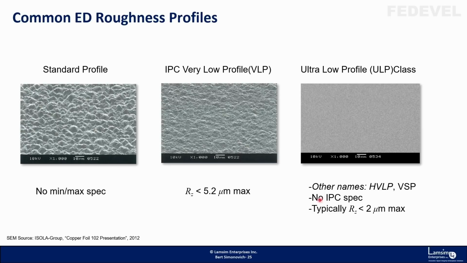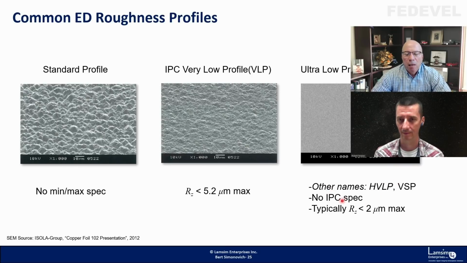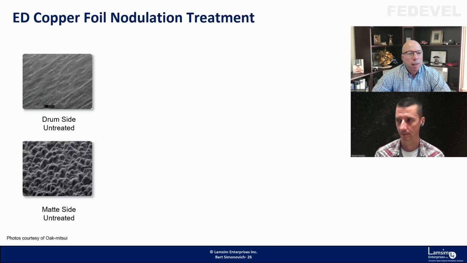Generally, for high speed, you want to choose a smoother foil, and you want to go ultra low profile class. Laminate suppliers offer it for high speed.